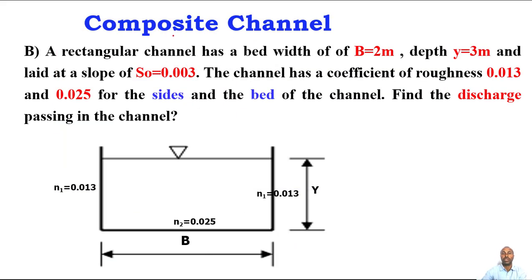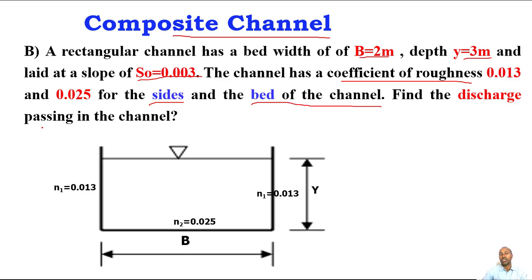Okay, composite section method. If you have different roughness, you have to compute an equivalent Manning roughness. A rectangular channel has a bed width of 2 meter, depth of 3 meter, and is laid at a given bed slope. The channel has a coefficient of roughness 0.013 and 0.025 for the sides and for the bed of the channel.